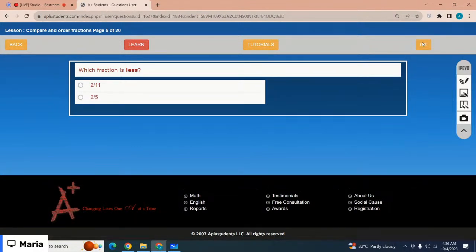Which fraction is less, 2 over 11 or 2 over 5? Very good. 2 over 11 is less than 2 over 5.